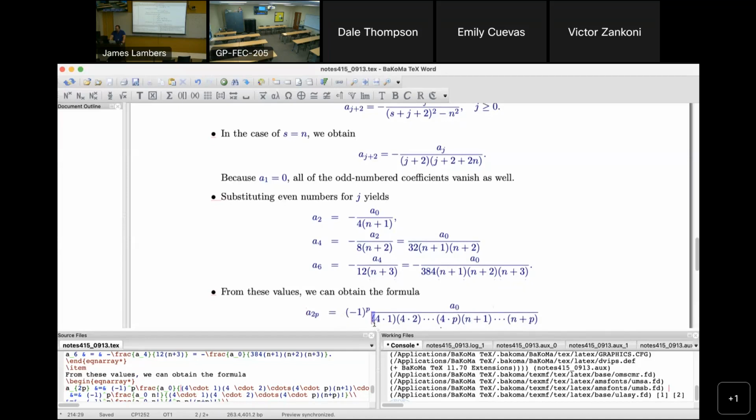So could anyone tell me what would be a way to describe this, considering that we have numbers 1 to 2 up to p in here? So what's the concise way to express that? There's a factorial. What factorial? Yes, p factorial. So that accounts for the 1 times 2 up to p.